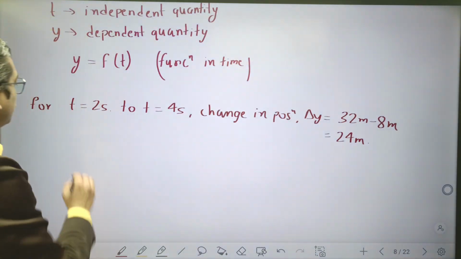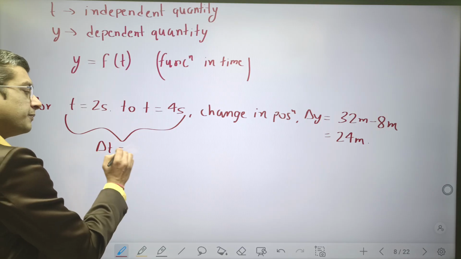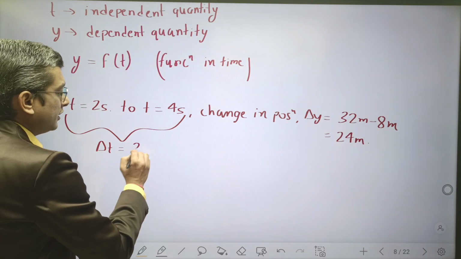The time interval for this change, that is delta t, the change in time, is 2 seconds.